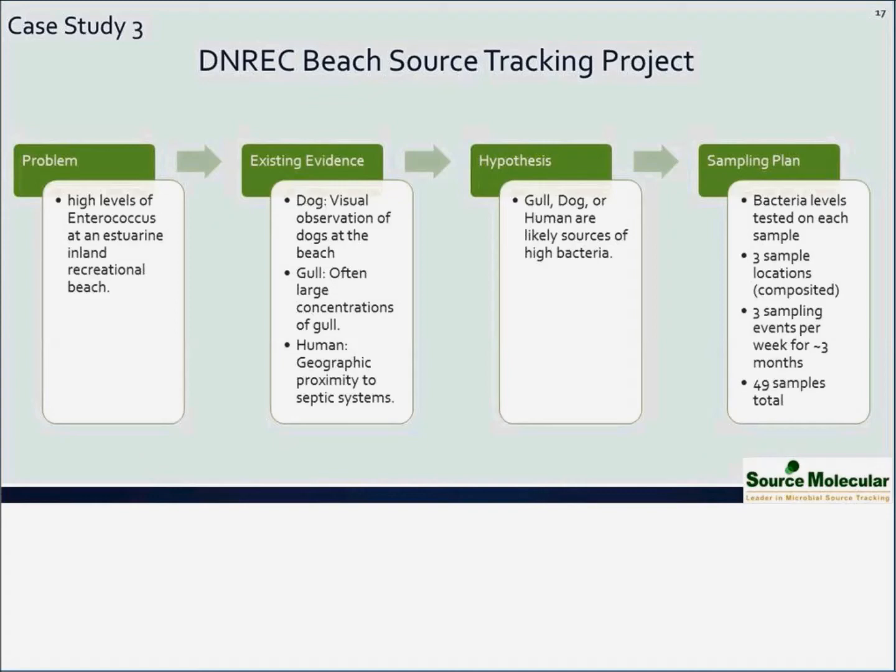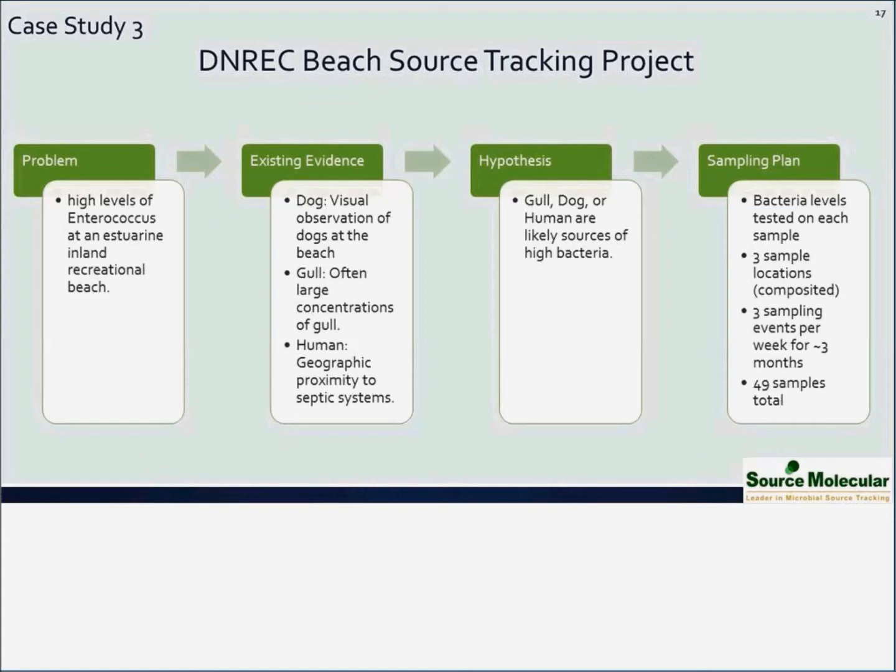And so this was a project in Delaware on a beach where they were observing high Enterococcus levels. So they gathered their information. Their existing lines of evidence showed visual observation of dogs at the beach. They had large concentrations of gulls at the beach, and there was a geographic proximity to septic systems that could potentially be causing problems.